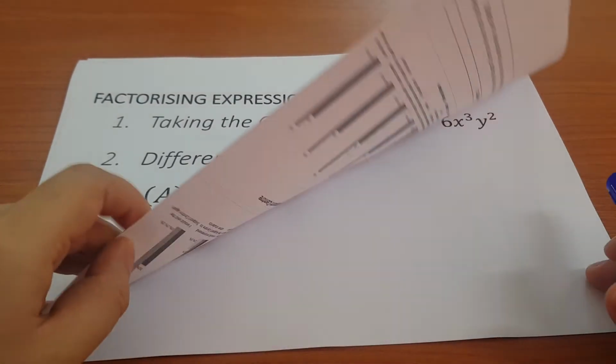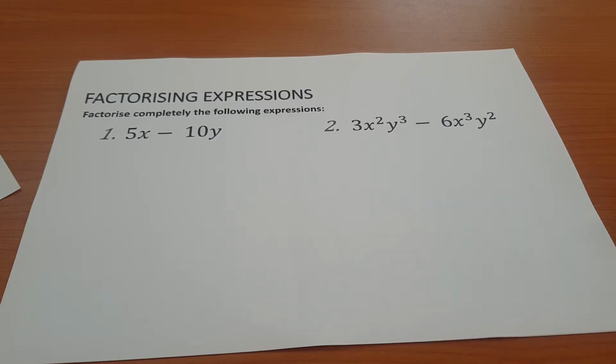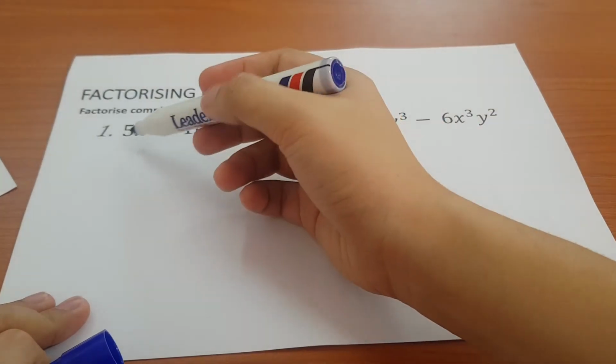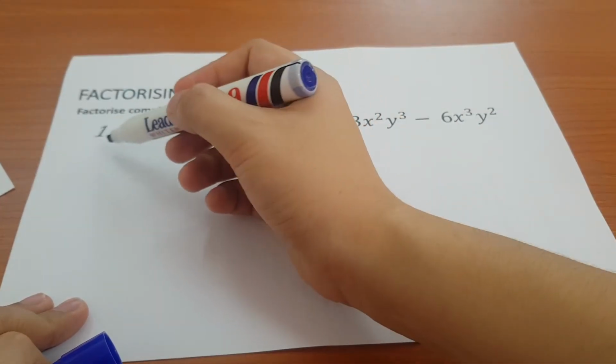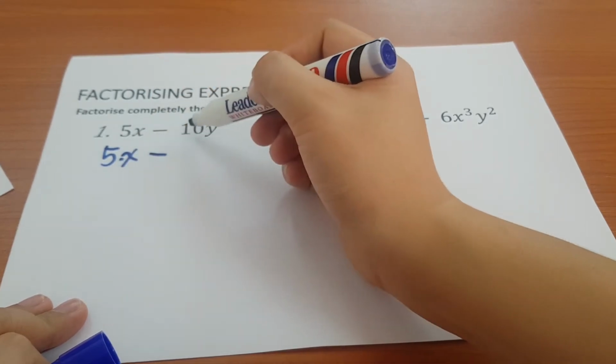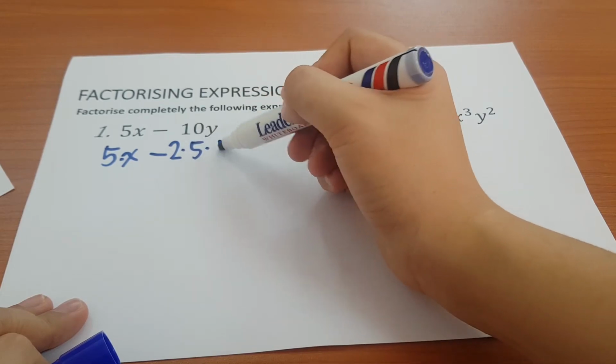Okay, let's start with number 1. For numbers 1 and 2, with this method, you just have to take out the common. So in this case, 5x, you can rewrite as 5 times x. And 10y, you could have 2 times 5 and y.